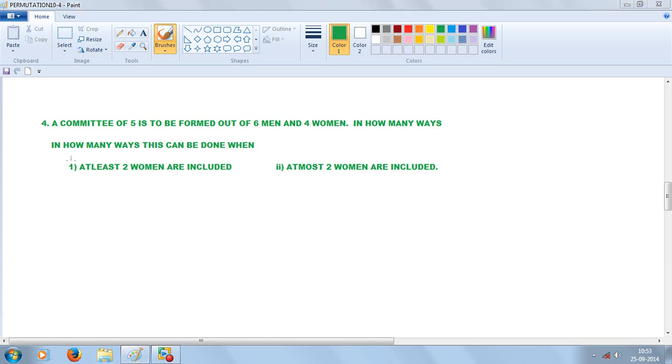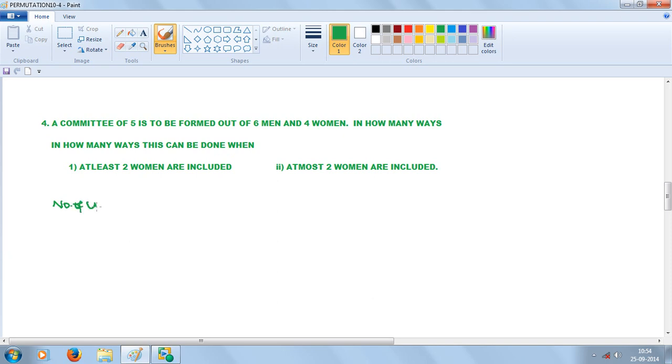So in the first part we will take at least 2 women. A committee of 5 is formed out of 6 men and 4 women. First let us see the ways of selecting ladies. First we have to make 2 portions in this problem.